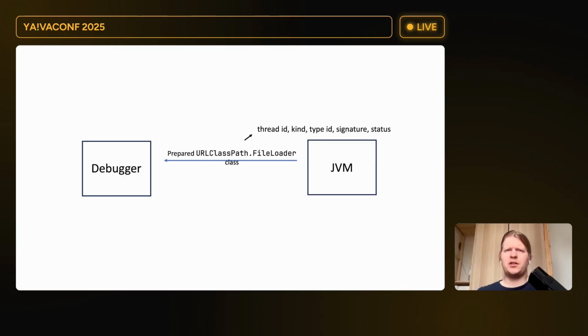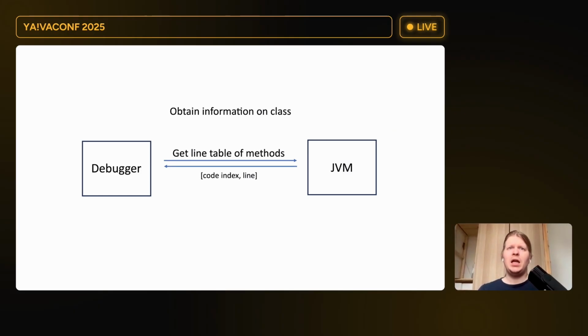And then the JVM is like, oh yeah, by the way, I'm currently preparing the URL class path file loader, like class path stuff. And I also loaded the line counter class from our example at the beginning.